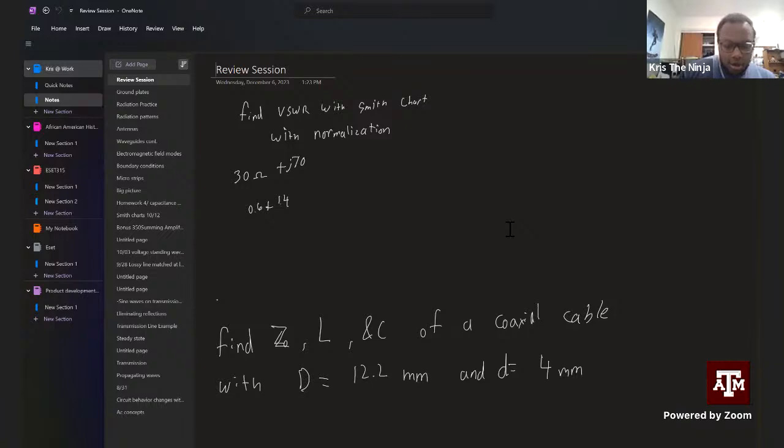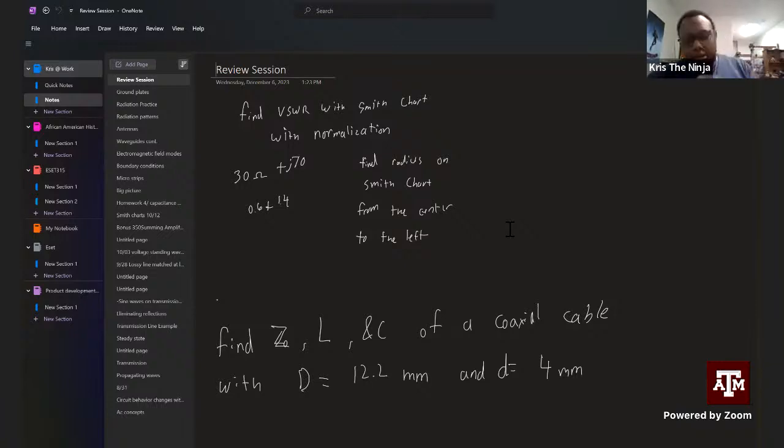For this Smith chart problem, you find the radius on the Smith chart, and you move to the left from the center. When you move from the center to the left, that allows you to line up with the Smith chart.